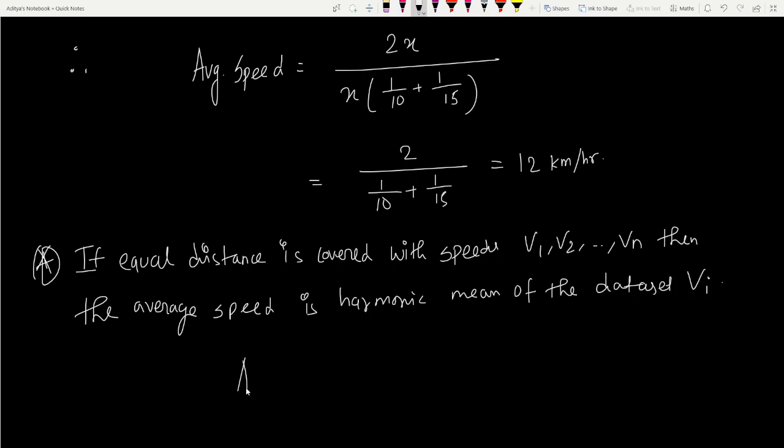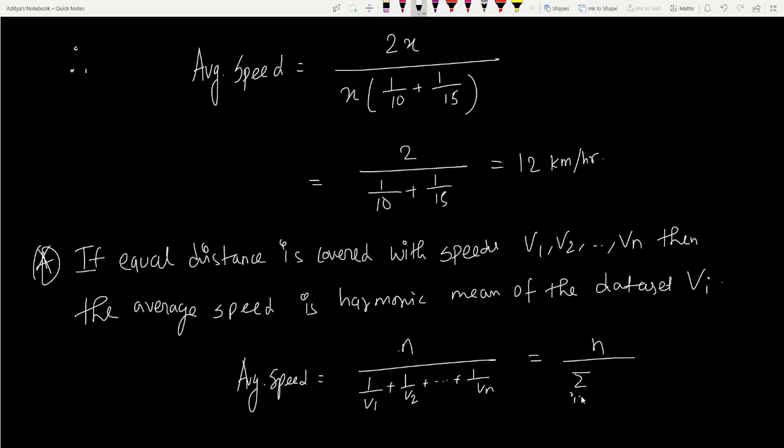That is, the average speed would simply be n by 1 by v1 plus 1 by v2 plus all the way up to 1 by vn. Okay, and this would give you n by summation of i equals 1 to n of 1 by vi.